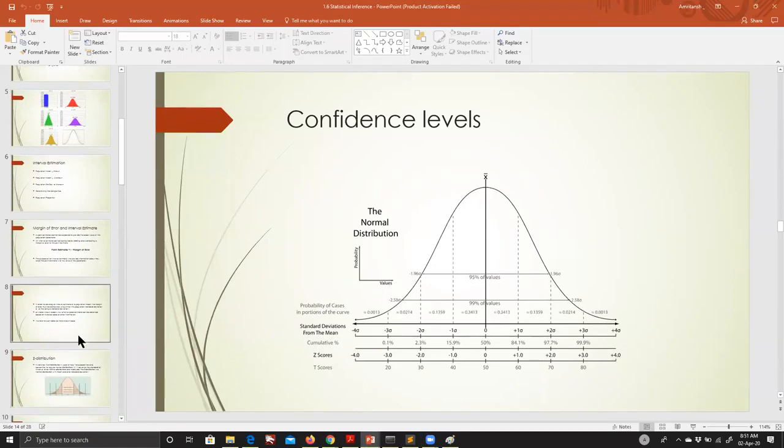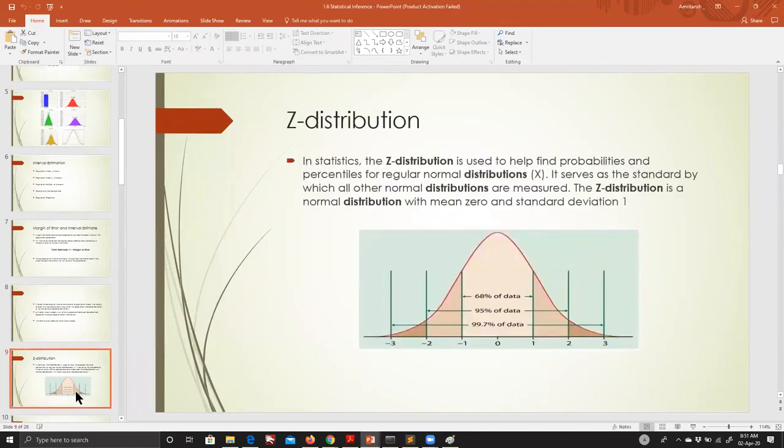So let's start with the z distribution. Fundamentally, the z distribution is the normalized Gaussian curve. It is the Gaussian curve itself.